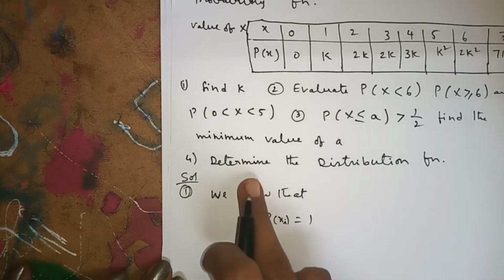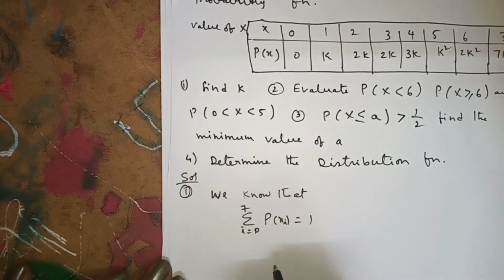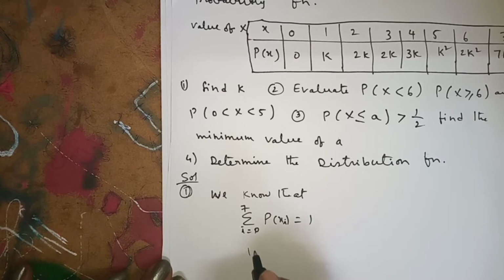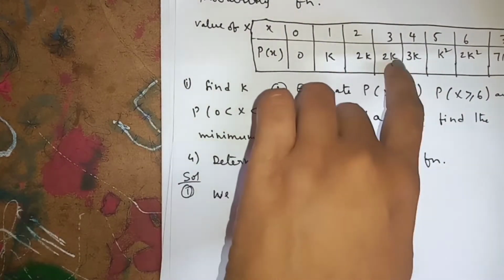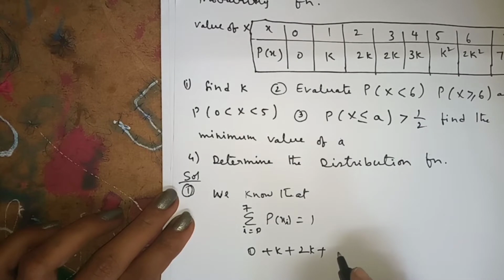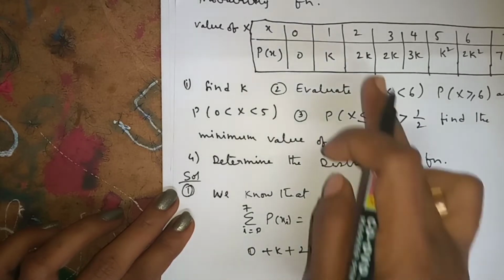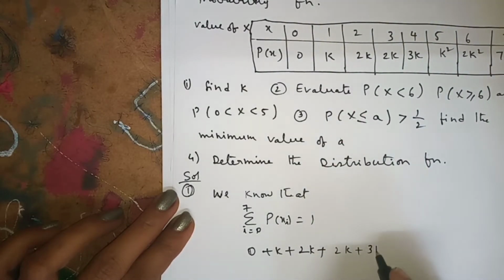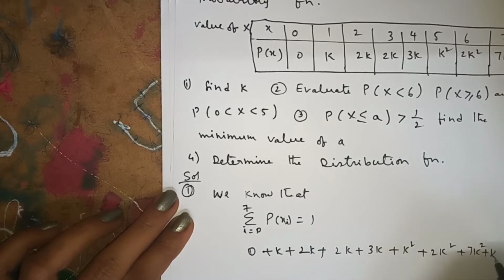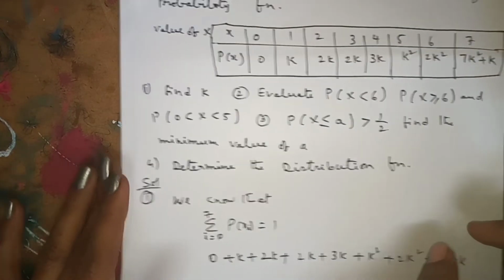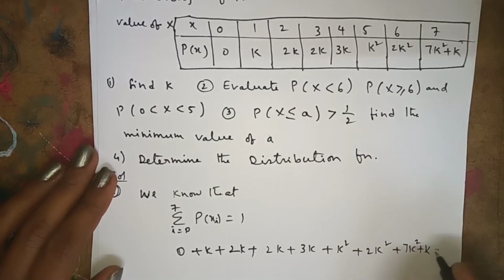That means I am adding all the values: 0 plus k plus 2k plus 2k plus 3k plus k square plus 2k square plus 7k square plus k is equal to 1.